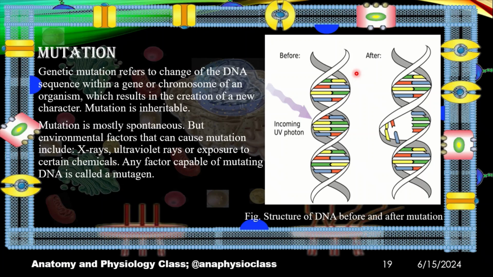Mutation can be spontaneous, and it is mostly spontaneous. It can occur just naturally, but there are some environmental factors that can lead to it, like X-rays, ultraviolet rays, and heavy chemicals like lead.